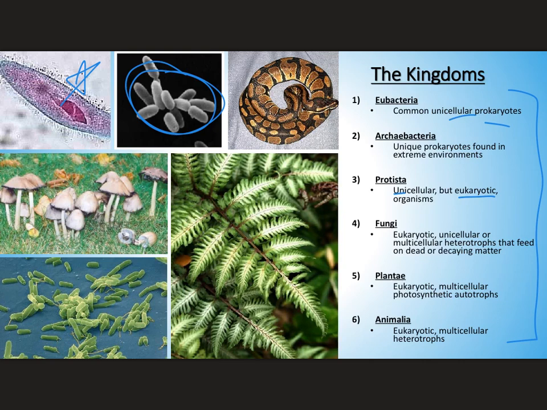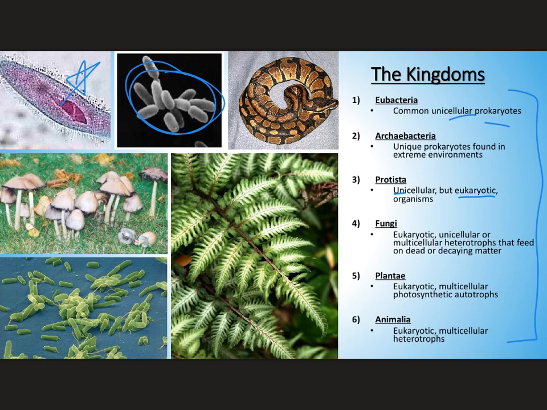The fungi are also eukaryotic. They can be unicellular or multicellular, as I'm sure you know, like with this picture of mushrooms. But what scientists realized is different about these guys when compared to plants is that they are heterotrophic. So fungi are not autotrophic.